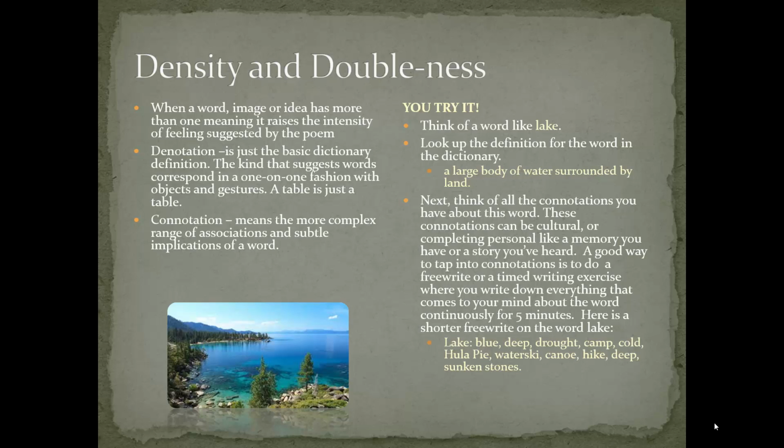I would have tapped into my family's experiences at Lake Tahoe, my own personal experiences at Lake Tahoe. I would try to pull all that out of that one word so I could understand it. This isn't actual writing. I'm not actually writing a poem. I'm just exploring in order to write a poem.